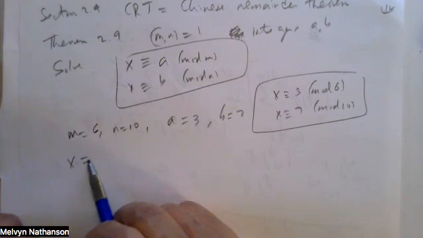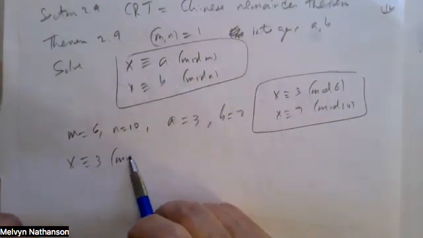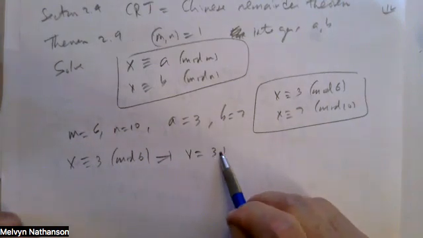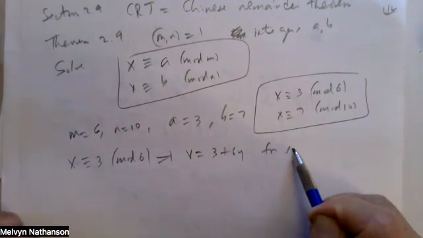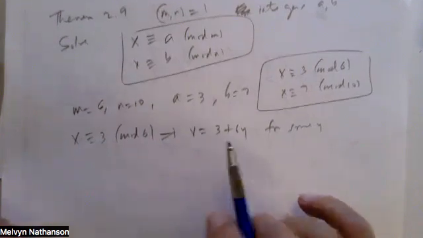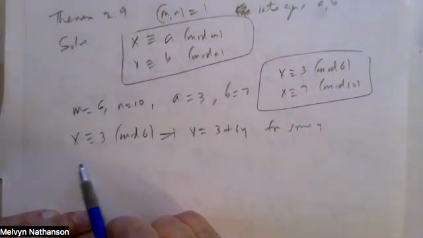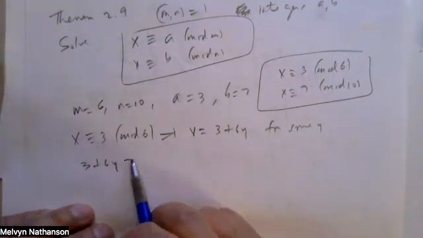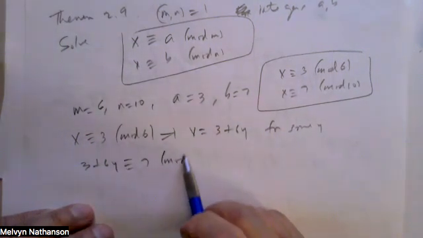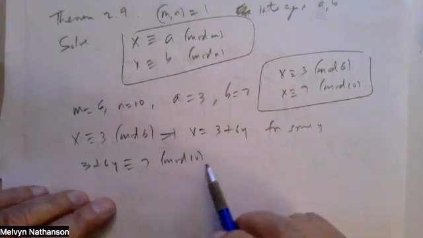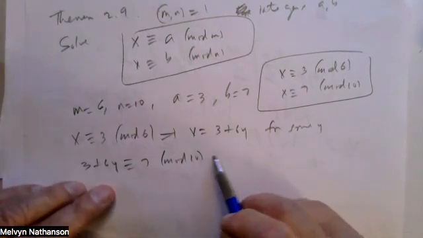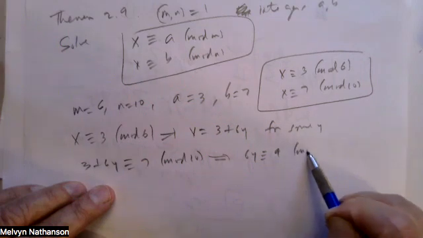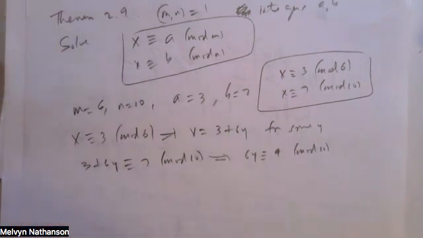So if x is congruent to 3 mod 6, then x has to be equal to 3 plus 6y for some y. But then x, which is 3 plus 6y, then has to be congruent to 7 mod 10, which is the same as saying 6y is congruent to 4 mod 10.